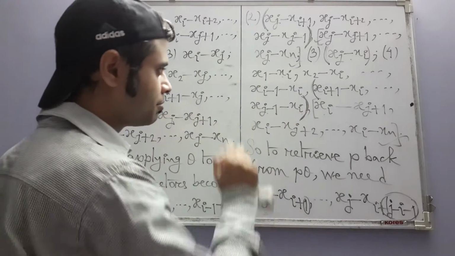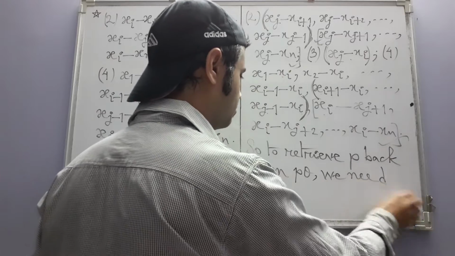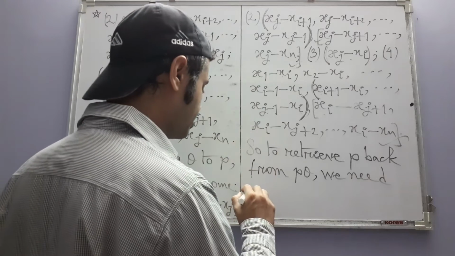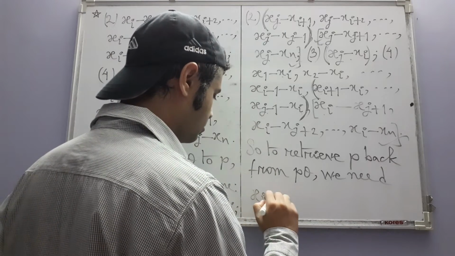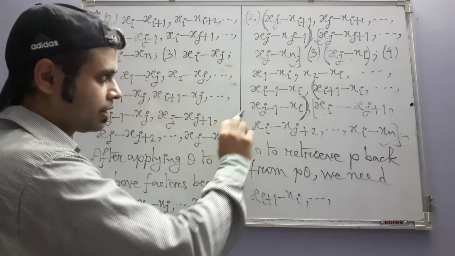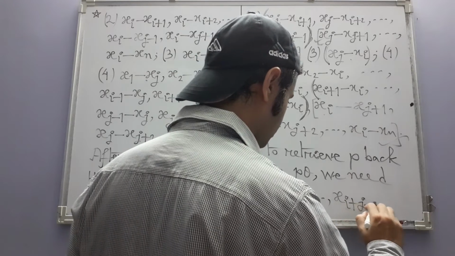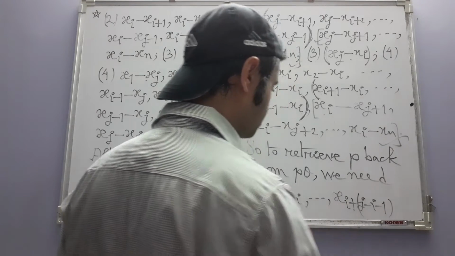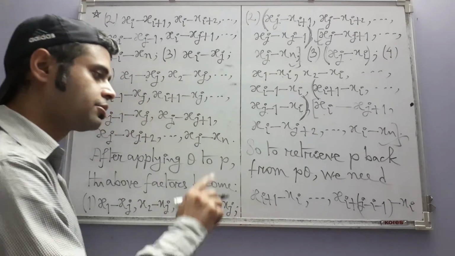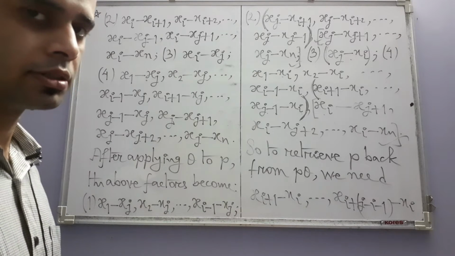What about the second problematic region? Here also, if you apply that same technique, xi plus 1 minus xi, instead of writing xj minus 1 as j minus 1, you write it as this, minus xi. So here also we have j minus i minus 1 number of factors.